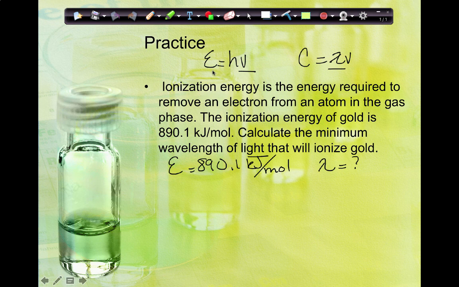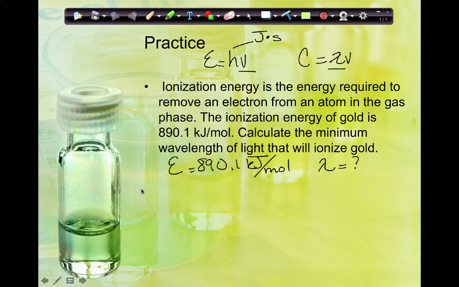But before I can even start to do that, I have to convert this, because my constant for Planck's constant is in joules times seconds, so it's got to be in joules. And I've got to worry about this mole part, because remember, this is for a whole mole of gold. We only are concerned with one electron, ejecting that one electron off.